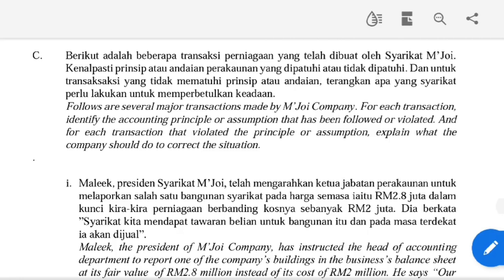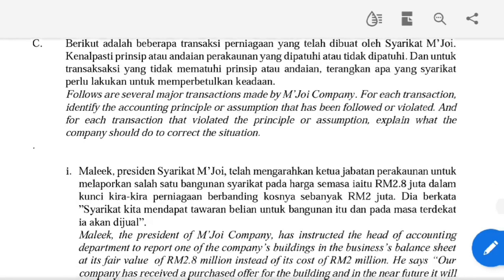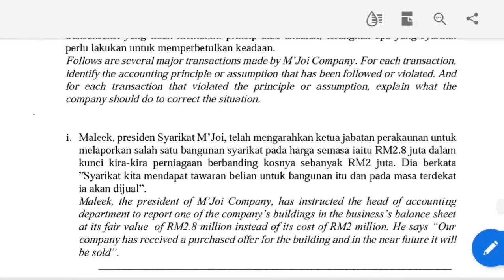I hope you can understand the English version. Maybe it is not using the best English, but I hope you can still understand.